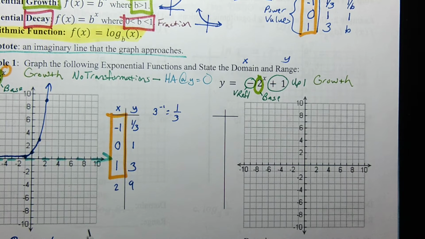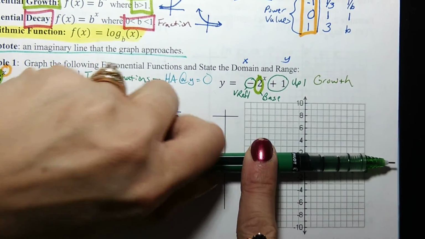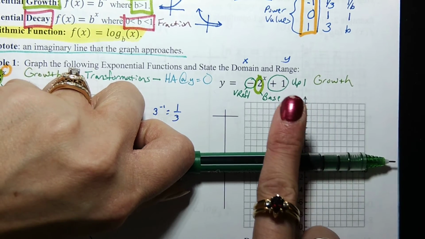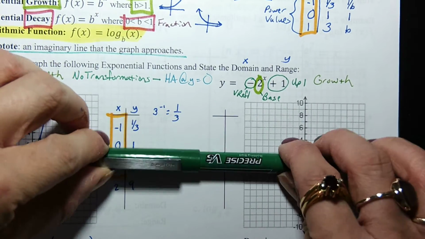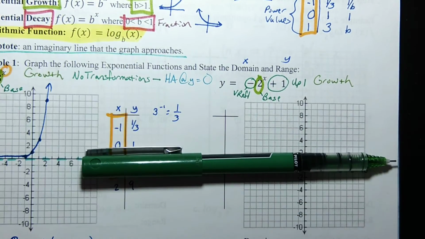So to figure out where my asymptote is going to be, we are going to transform that parent key feature visually. So my asymptote starts at 0. So we start with our asymptote at 0, a horizontal line going through 0. If I vertically reflect that, has it moved? Nope, it's still in that same spot at 0. So vertical reflection doesn't move it.